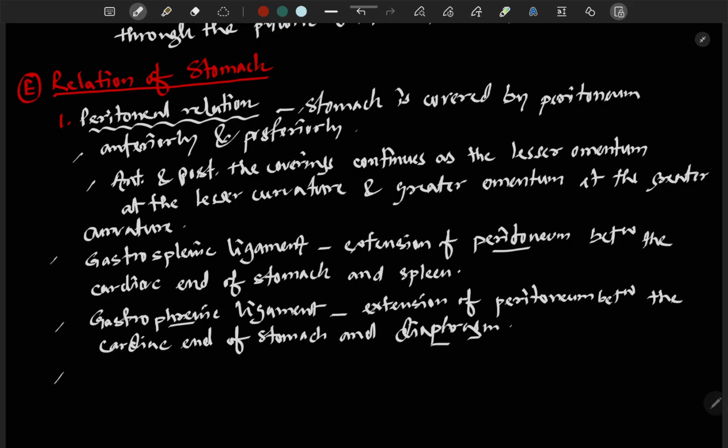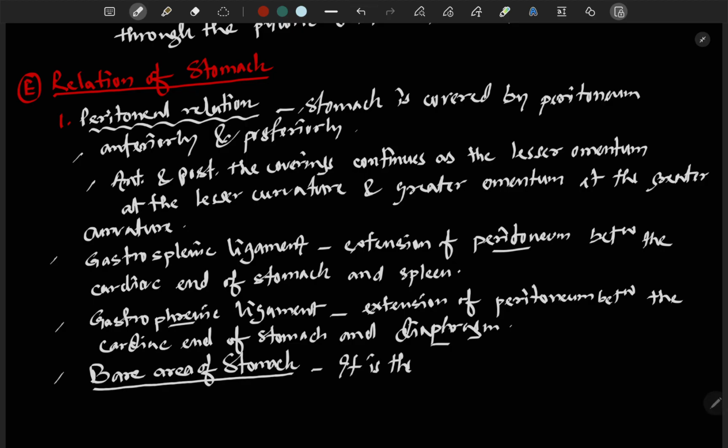Next point is the bare area of stomach. Important. These are the peritoneal relations. Under the peritoneal relation we are studying the bare area of stomach.